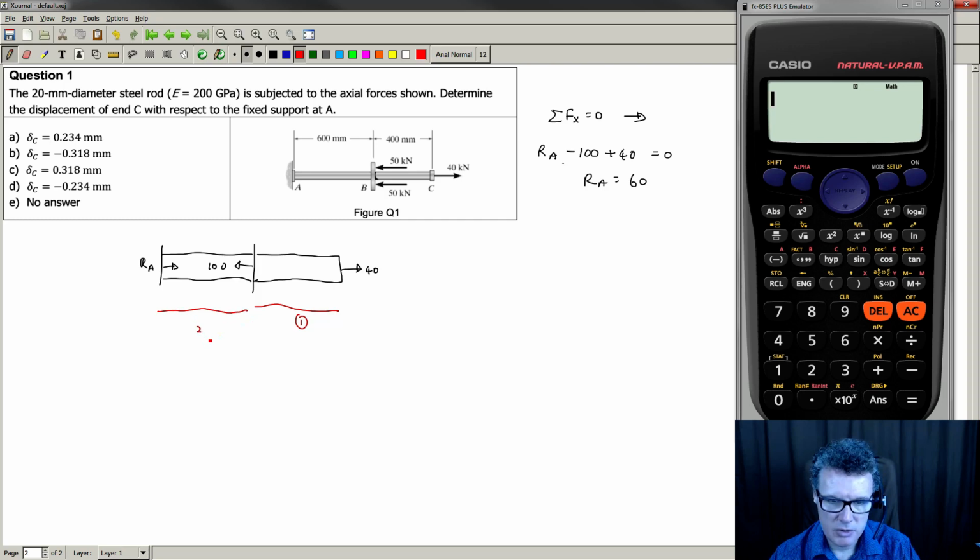I tend to work from right to left, and in section 1 I will do a cut where I expose the internal force, and I'll do a cut in section 2 where I expose the internal force. I can imagine that these internal forces are always going to be balancing where I do the cut. So we've got an internal force F1.